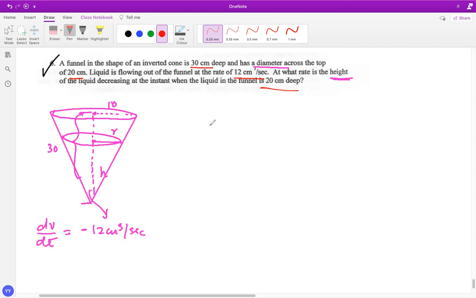Now let's try to see how we can get a relation for volume and the height. The most interesting thing here is that every time you create the surface here, the radius and height both are changing. The volume of any water cone that you see here is 1/3 pi r square h.